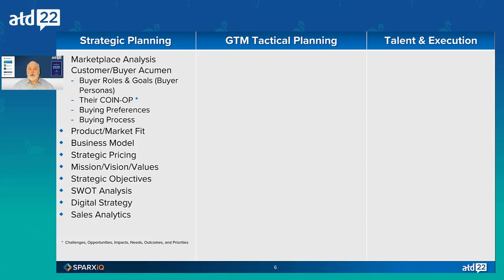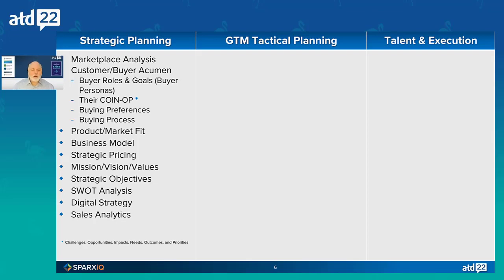What's your strategic pricing? How about your organization's mission, vision, and values? All of this strategic stuff that, very often as sales enablers, we're not tied into. We're the recipient of some of this in organizations. Now, look, if you have that kind of seat at the table, good for you, but many in enablement do not. So you do need to be aware of these things, though, and we'll talk about why.